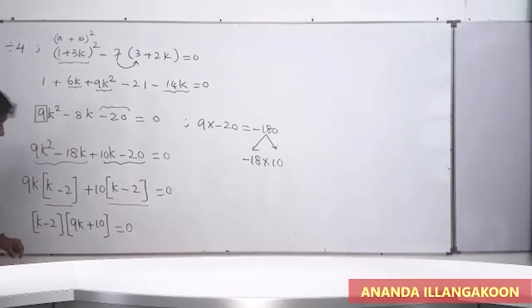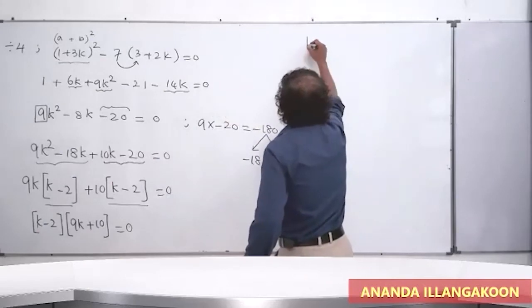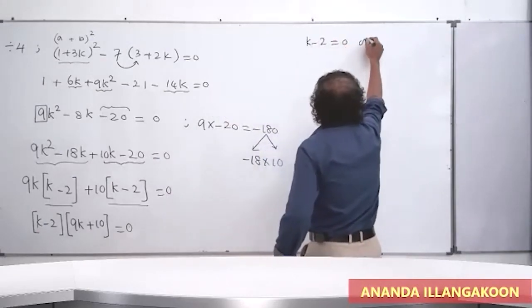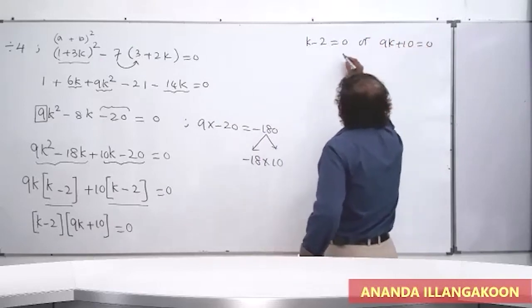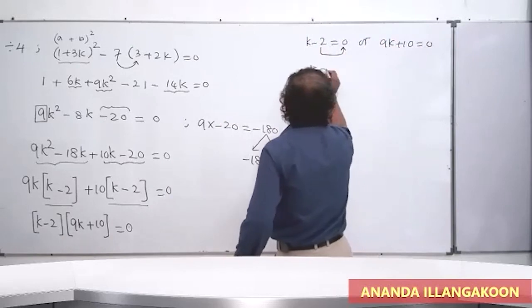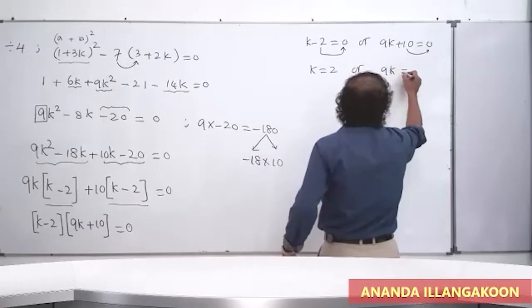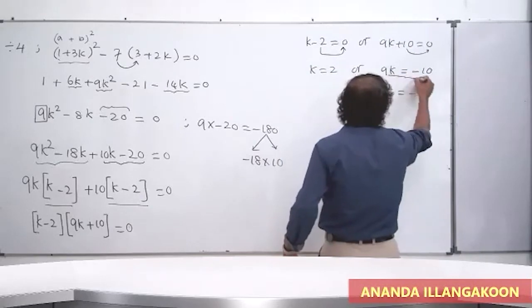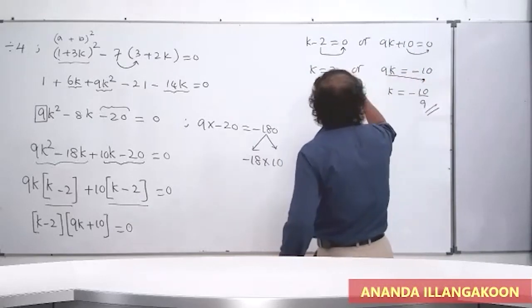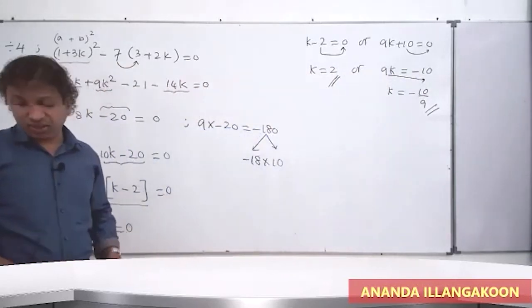Now, people, this product equals 0 means this is 0 or this is 0. k minus 2 equals 0, or 9k plus 10 equals 0. Bring this to this side, we get k is 2. Or take this to this side, minus 10 and divide by 9. Then the two values of k are 2 and minus 10 by 9. This is how, people, we find the k values.